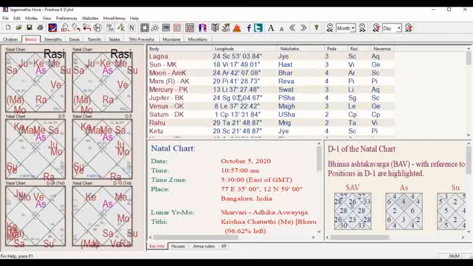So in this chart, we use Prashna, we use pending karma, like what he has due towards anyone, and the remedy itself is there in the pending karma, that you should go there and ask for forgiveness.